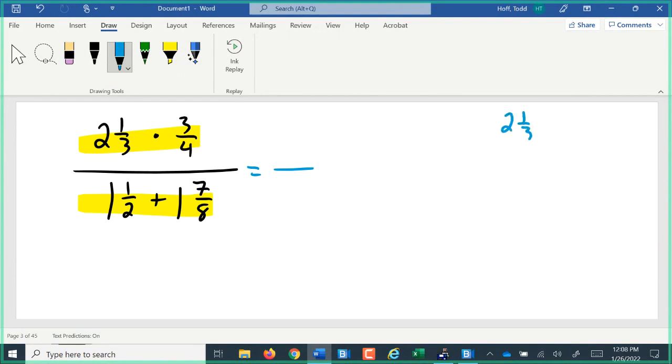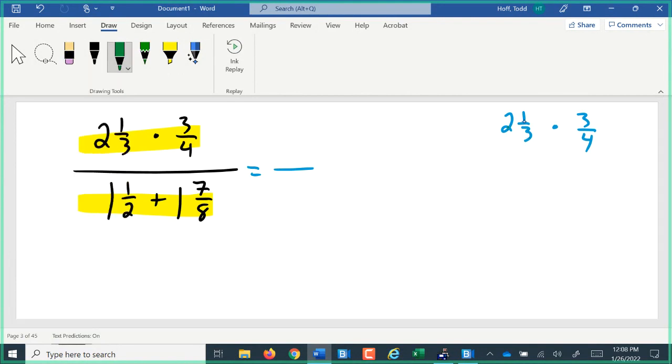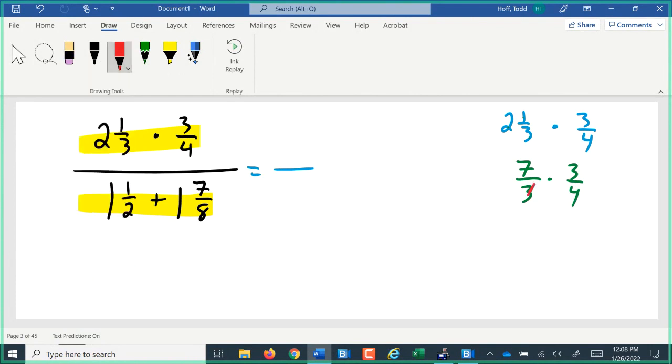2 1/3 times 3/4. Remember, when we multiply fractions, if there's mixed numbers, we're going to change them into improper fractions. So 2 times 3 is 6 plus 1 is 7/3. We're going to cross cancel here. The 3's can cross cancel.